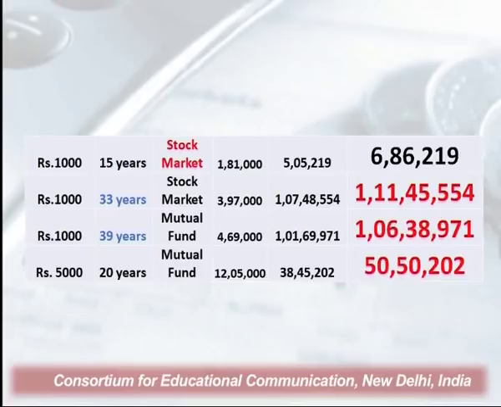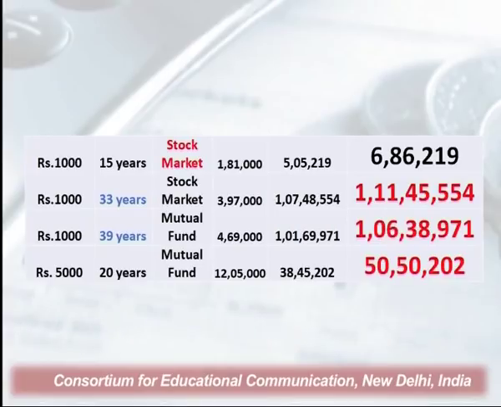So if let's say your current age is 30 plus and you start saving and investing money in the stock market today, and let's say you just invest 1,000 rupees per month. So if you start investing 1,000 rupees per month for the next 33 years, at the time of your retirement, assuming that the return you are getting in the stock market is 15%, you will get 1 crore 11,45,554 rupees.